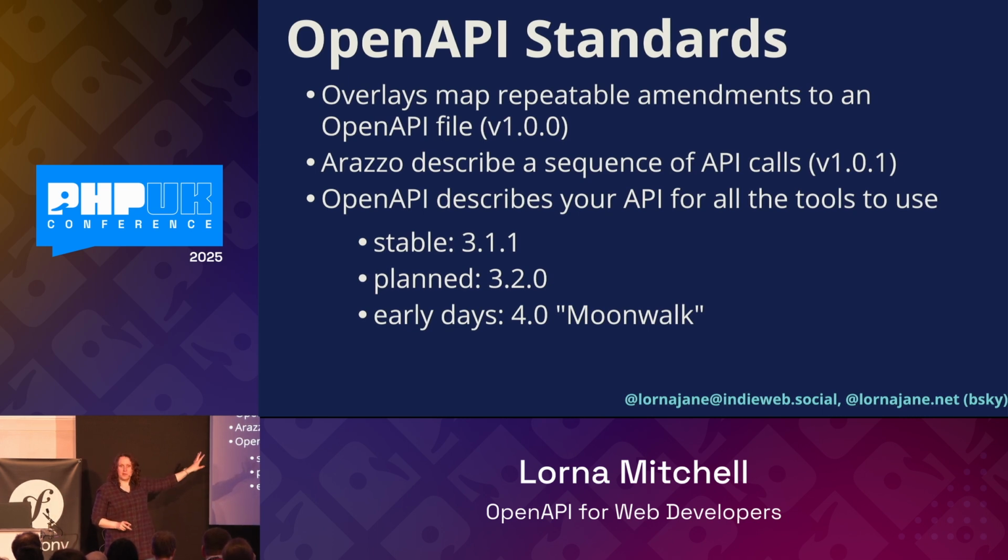This is a formal, specified way of describing those relationships and saying, make this call from this OpenAPI description and then use that value in this call to that endpoint from that OpenAPI description. And only if it is successful by these criteria, go ahead and do this with the result of it. Right, so you can chain a whole lot of things together.